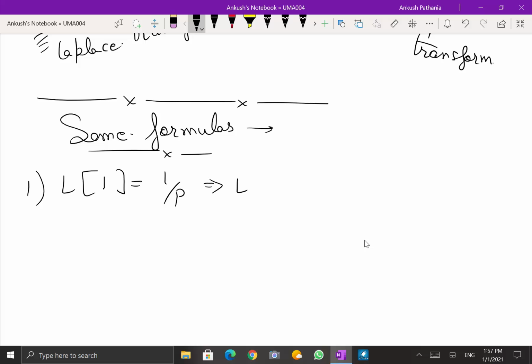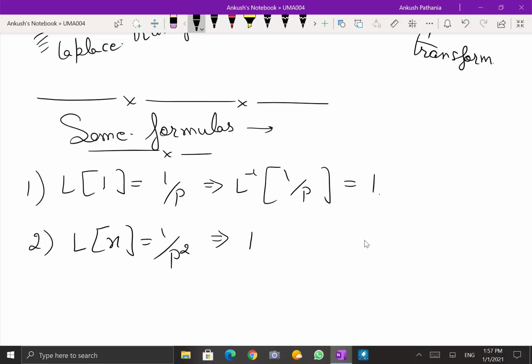So this implies Laplace inverse of 1 upon p is equal to 1. Remember, we have Laplace of x equal to 1 upon p square. So this implies Laplace inverse of 1 upon p square is equal to x.